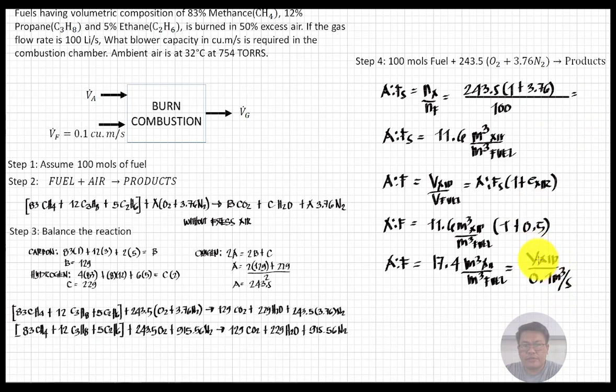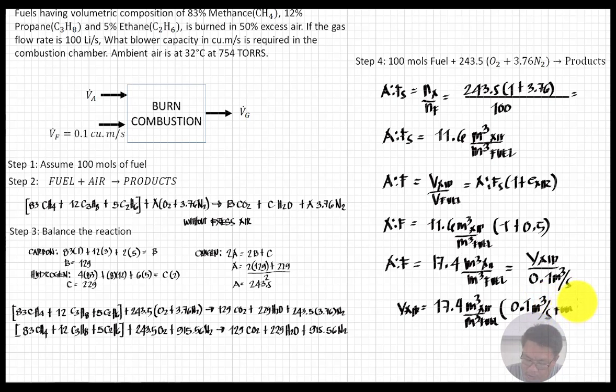Okay, so we can rewrite the equation to find the value of the volume of air, which will become the blower capacity. So we have now your volume of air equal to 17.4 cubic meter of air per cubic meter of fuel, multiplied by 0.1 cubic meter per second of fuel.